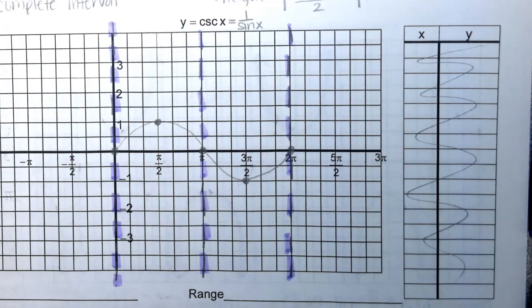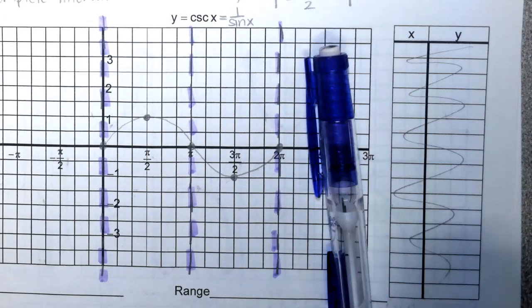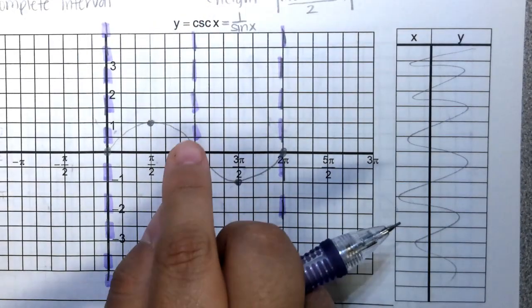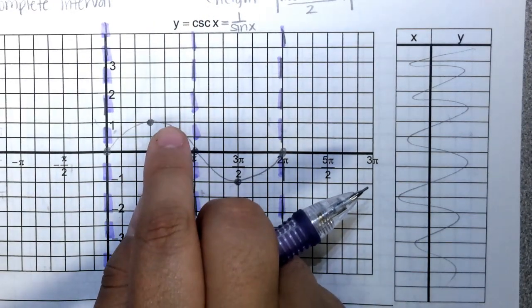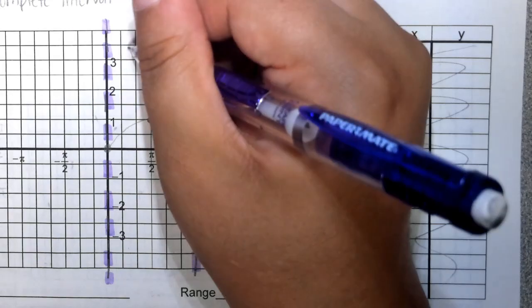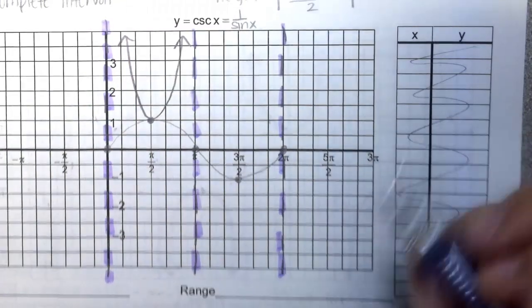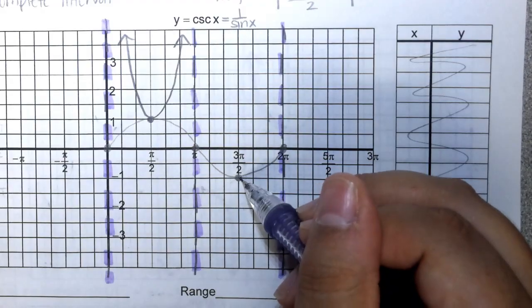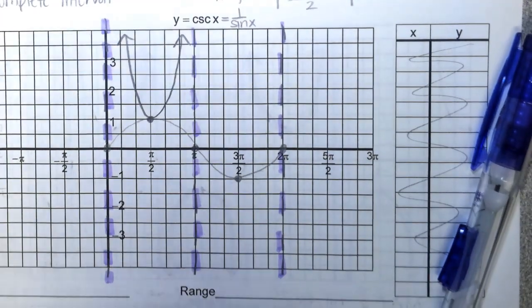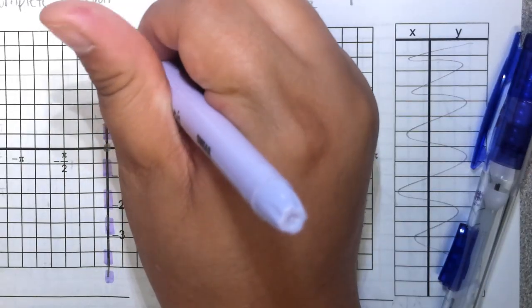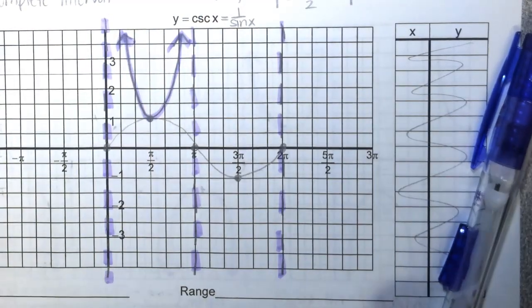What about the rest of this? How am I going to graph the rest of this? What's the reciprocal of 1? 1. So that point's going to stay there. What am I going to do to this curve, though? Flip it and go up. What am I going to do to the other curve?